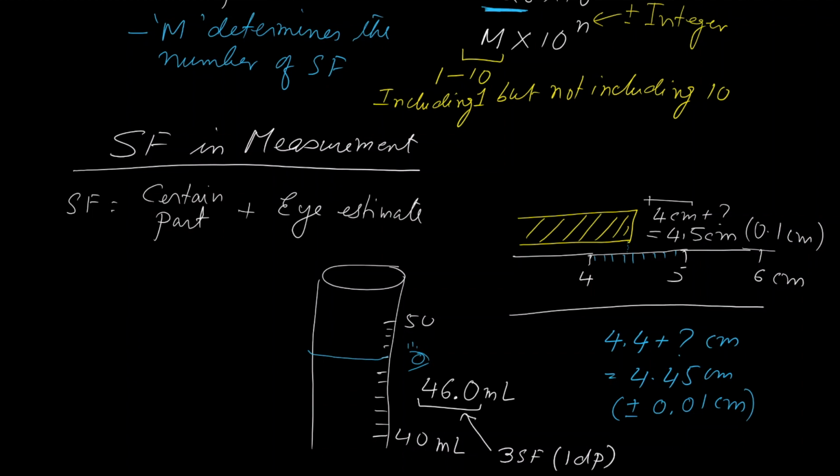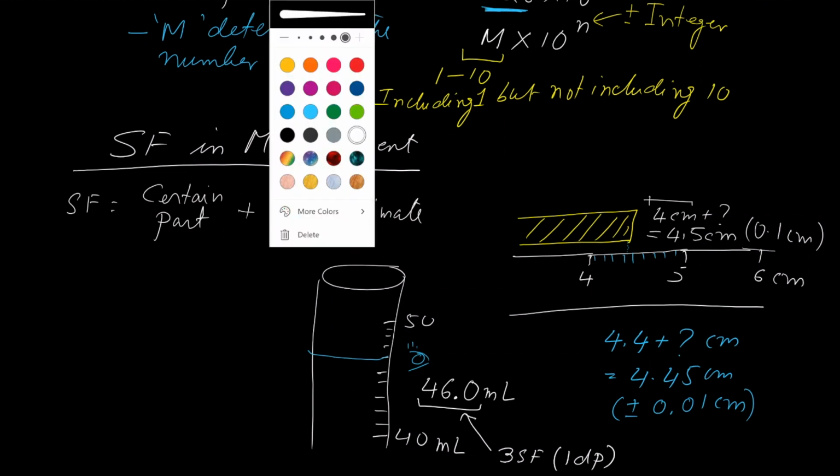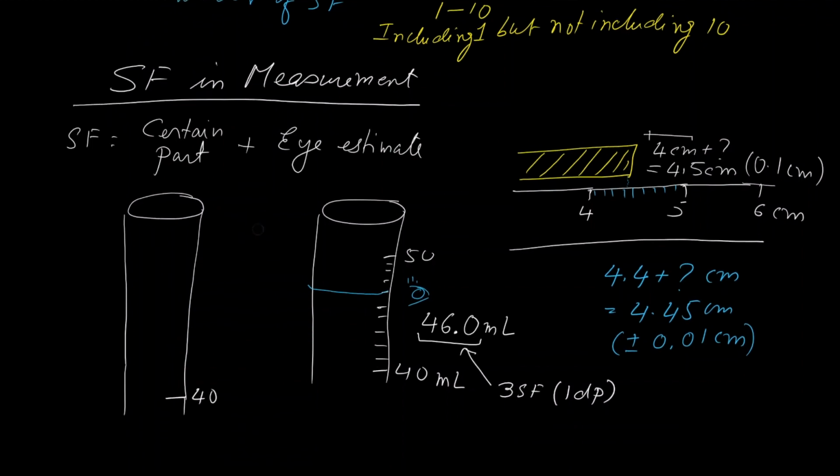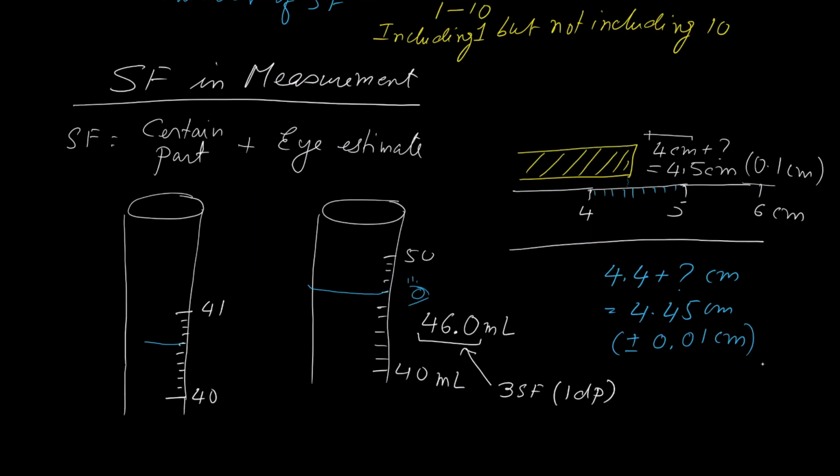Now, if you take a burette, so this is a burette, and let's say that this is 40 and this is 41, and there are 10 divisions in between, and the water is somewhere here.